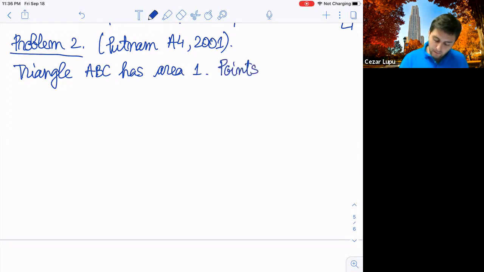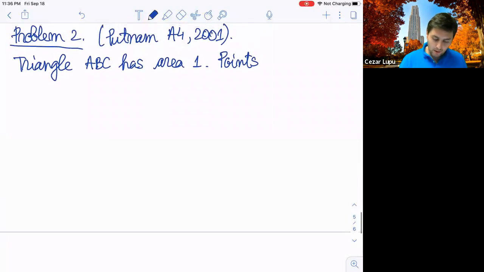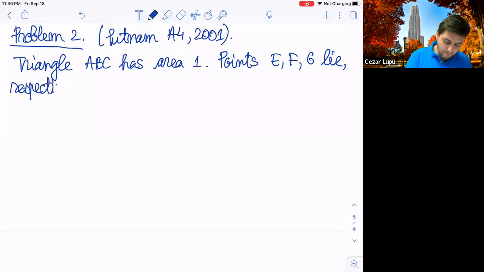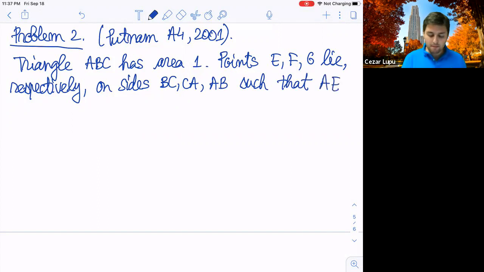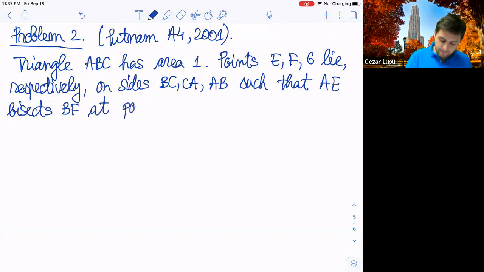Points E, F, G lie respectively on sides BC, CA, AB such that AE bisects BF at point R. So it's even a little bit more particular, this one.